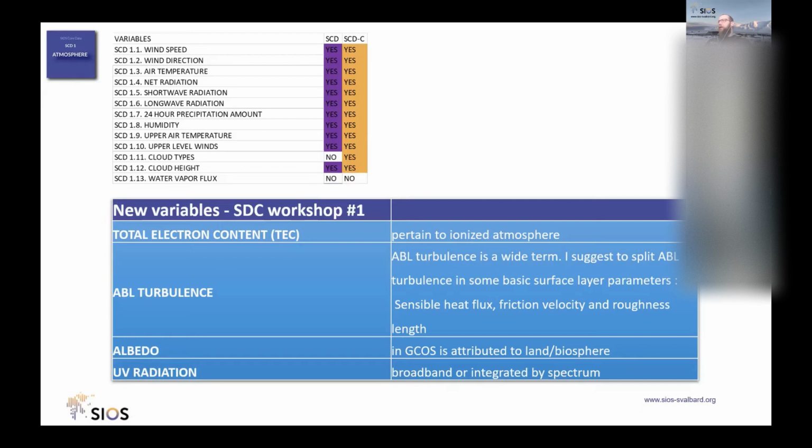So one of the goals of the optimization of observation on Svalbard based on core data will be to have a better spatial distribution of the observations and to close some gaps.